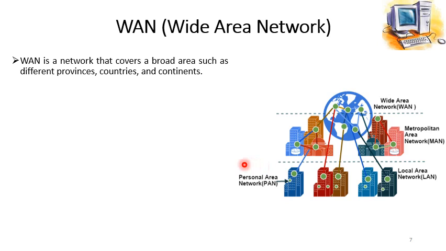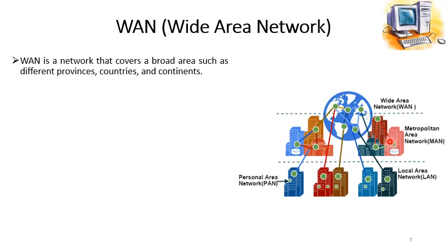So when different PANs, that is personal area networks, local area networks, and metropolitan area networks, are all combined together into a single network, it covers an even larger area as compared to LAN and MAN.